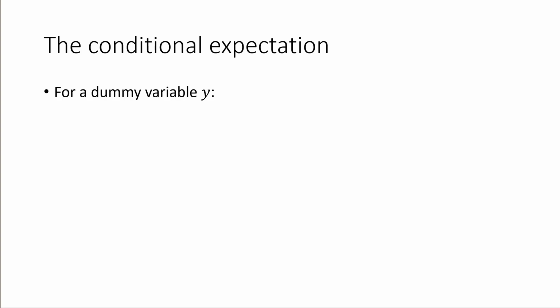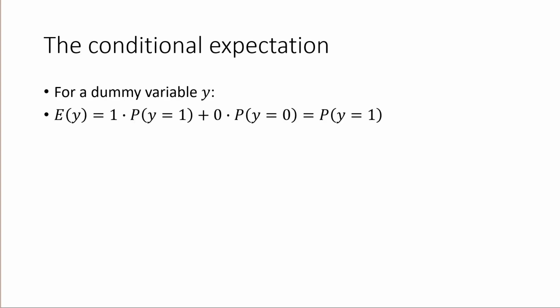Then for a dummy variable, we know that it can only take the value 0 or 1. We also know that the expected value of a random variable that can take two values 0 and 1 is 1 times the probability that it will take the value 1 plus 0 times the probability that it will take the value 0. This follows from the generic formula for the expected value of a discrete random variable.